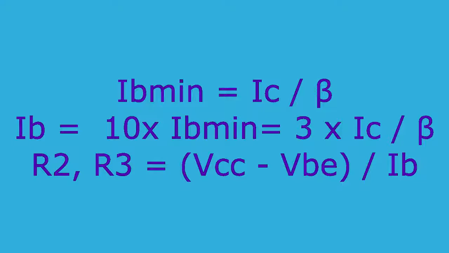The time it takes to switch from state 1 to state 2 is given by the time that leads C1 to discharge from VCC minus 0.7 volts to negative 0.7 volts.